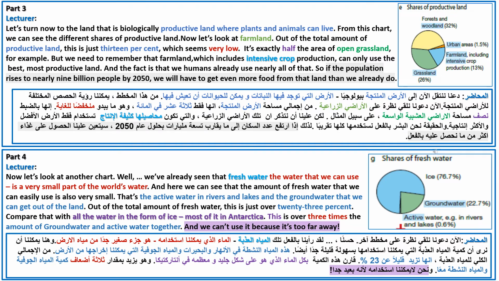That's the active water in rivers and lakes and the groundwater that we can get out of the land. Out of the total amount of fresh water, this is just over 23%. Compare that with all the water in the form of ice, most of it in Antarctica. This is over 3 times the amount of groundwater and active water together. And we can't use it because it's too far away.